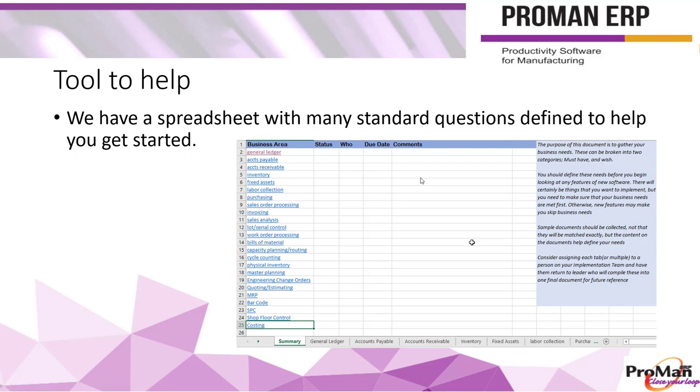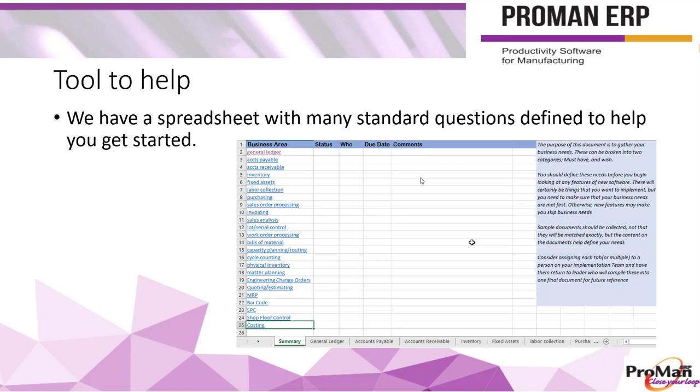So we've developed a tool to help you do this. It's just a spreadsheet. It's on our website, www.proman.erp, on the resource page. And we've generated a whole lot of generic questions. They're not every question in every business, but they are a lot of the generic questions to help us get started.